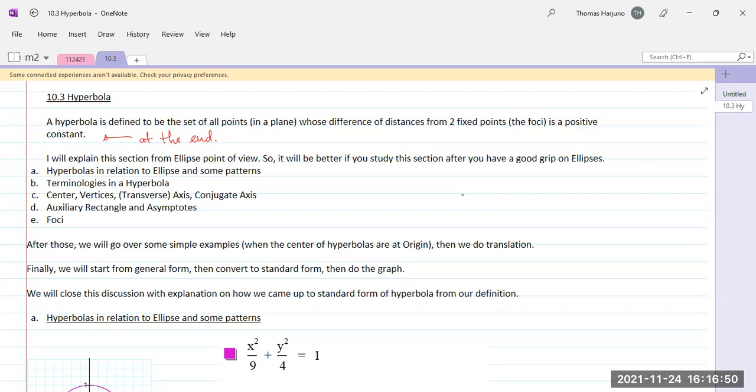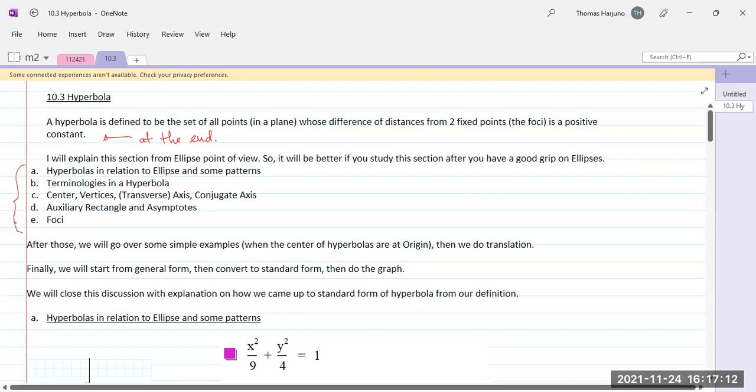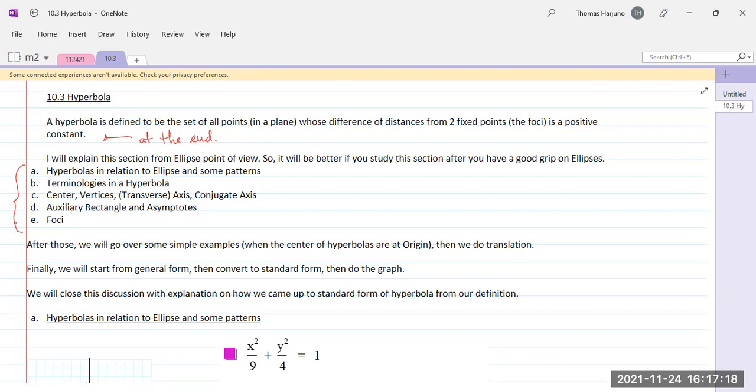Now, there are many ways to teach hyperbola, and what I do here is supplement the common method of teaching, an alternative way of looking at it. I break it up into 5 steps of learning. First, hyperbola in relation to ellipse. We use what we learned before from ellipse and see hyperbola from that point of view.